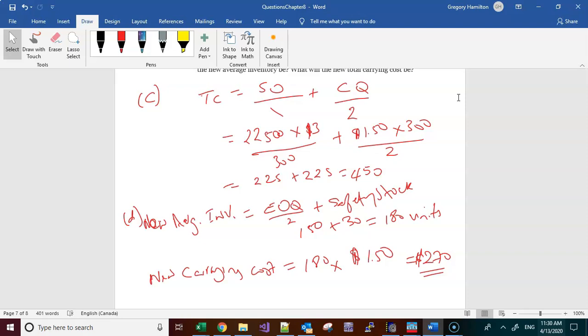So once again, the exam will be on operating and financial leverage. So that whole topic, including break-even analysis, how to find operating leverage, how to find financial leverage, and everything surrounding that topic.